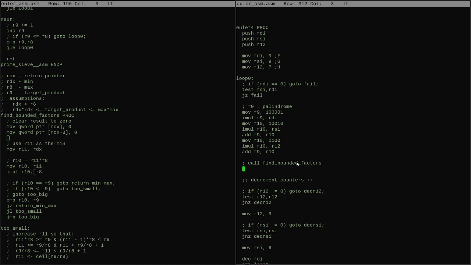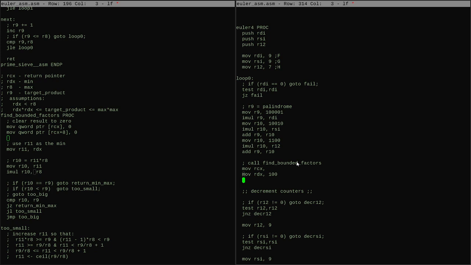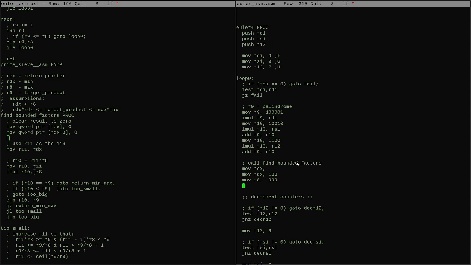So we need to move something into RCX that we don't actually have yet. We need to move into RDX the min value, which is going to be 100, into R8 the max value, which is going to be 999, and into R9 we want to put the palindrome, which I've already done.